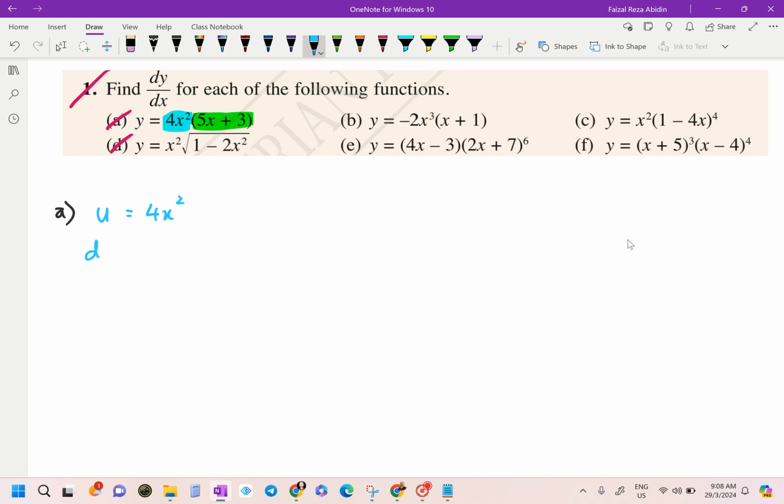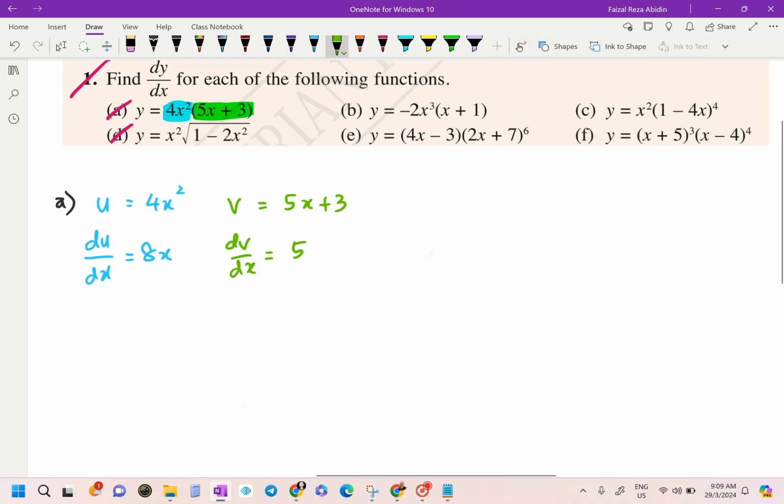If I want du over dx, what should I get, bringing the power to the front? I'm going to get 8x only. Then I'm going to get my v, which is 5x plus 3. Next is dv over dx, and what you are going to get over here is 5 only, right?